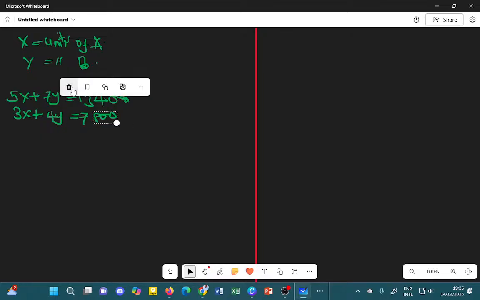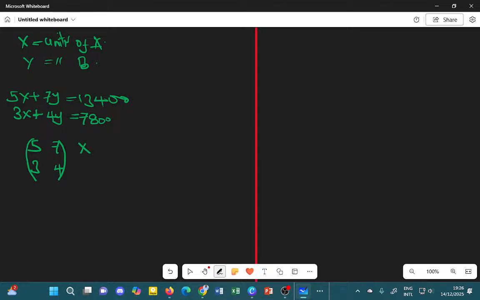Okay, maybe that one does not look like 7,800, so let me make it a little clearer. 7,800, like that. So ideally, what we can do now is come down here and say, because now we have, this is a 2 by 2 matrix, 5, 7, then 3, 4.